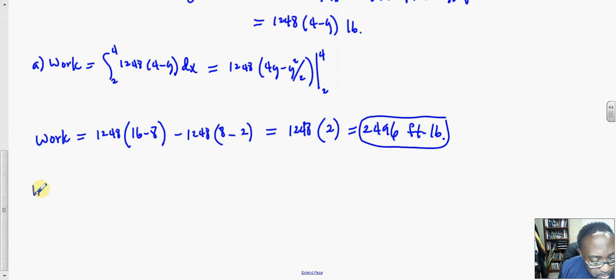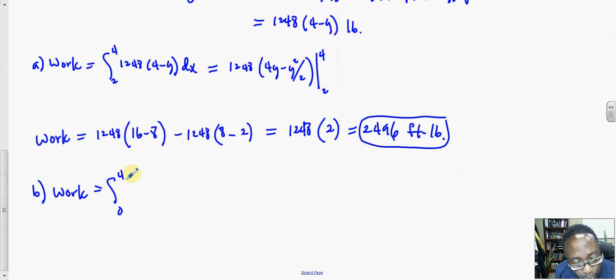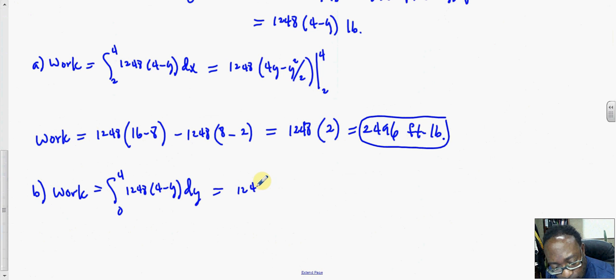Now part B, we're going to calculate emptying the whole tank. So the work, we got most of the work already done. We go from 0 to 4 of this same formula, 1,248 times 4 minus y dy. And so this comes out to be 1,248 times 4y minus y squared over 2, evaluated from 0 to 4.